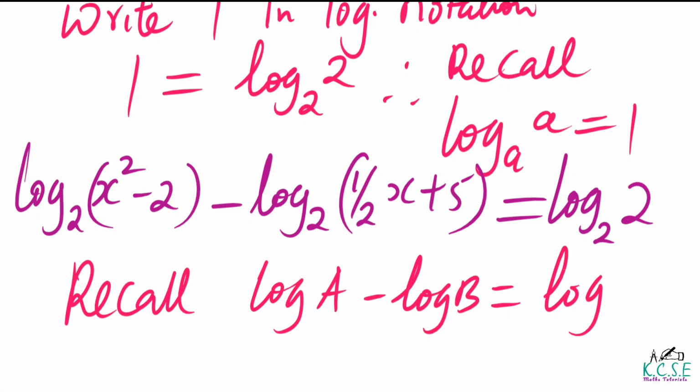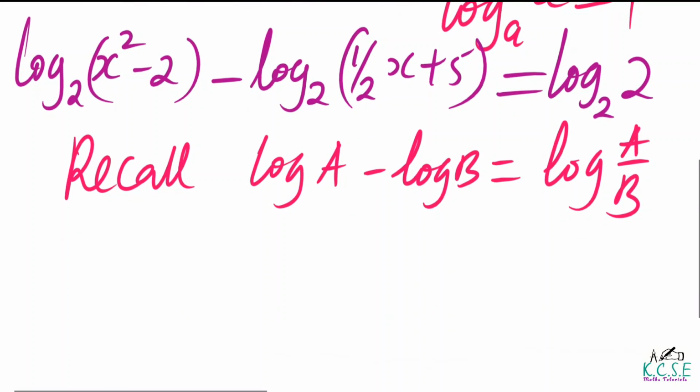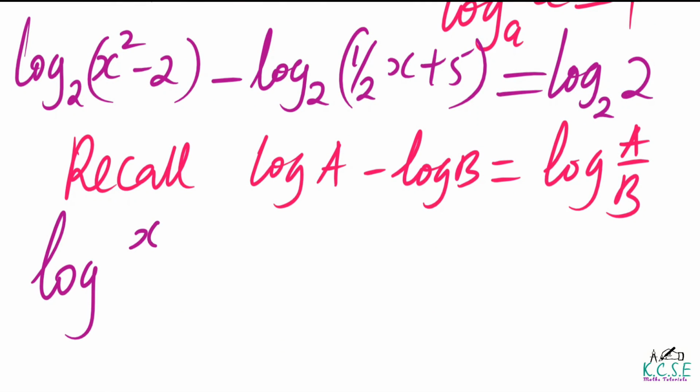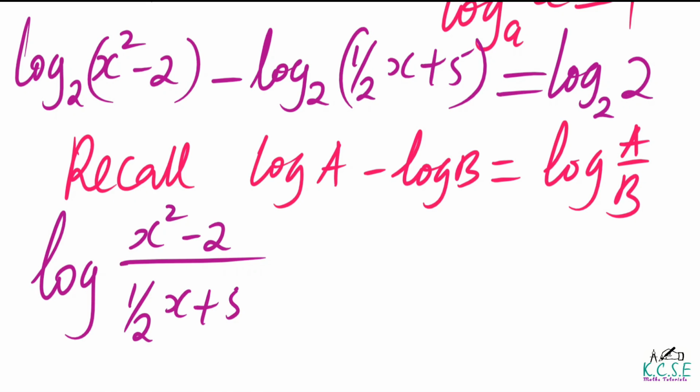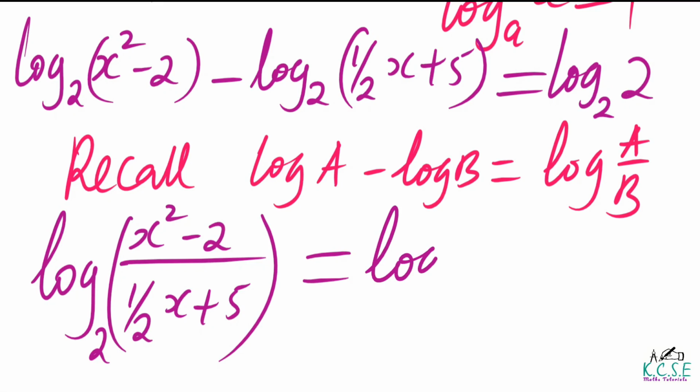So in this case, if you apply this in this question, the left hand side will be given by logarithm of x squared minus 2, everything divided by a half x plus 5, and everything is to the base of 2. Then on the right hand side we have logarithm of 2 base 2.